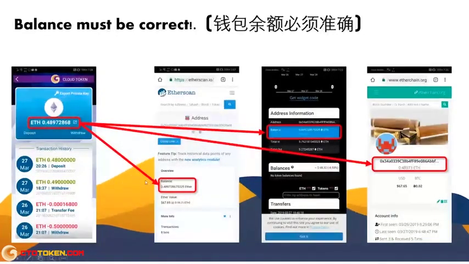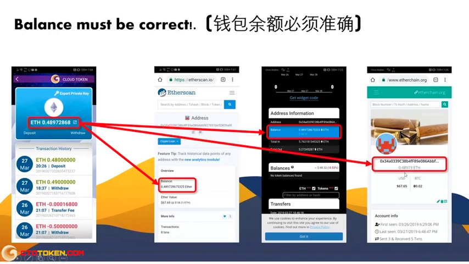Now we have a Cloud Token wallet here. It shows the balance, and you check with Etherscan. It's supposed to be the same. You look at ETH Explorer and Etherchain, and they all show you the same number, except for Etherchain, which rounded up.